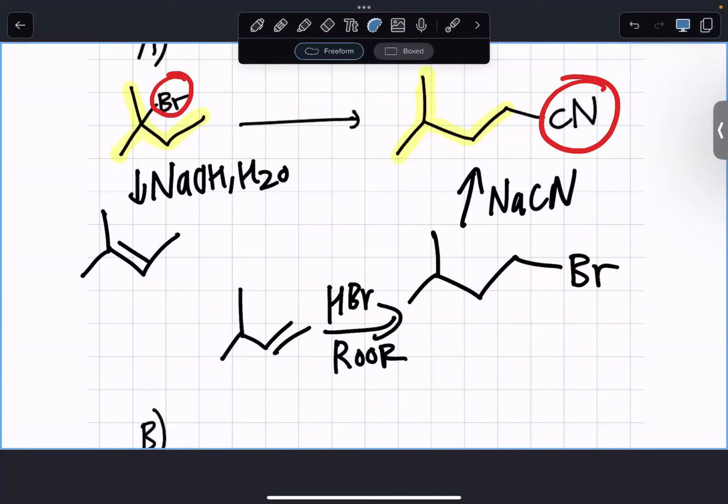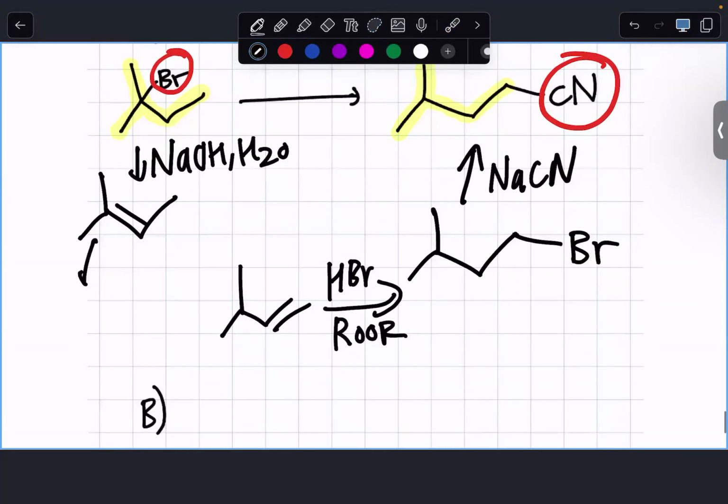Now, how can we convert this double bond to this double bond here? Let's do the same thing here. Let's do HBr and ROOR again. Where would that put the Br on this alkene here? Yeah, the secondary carbon. So let's say we put a bromine right there.